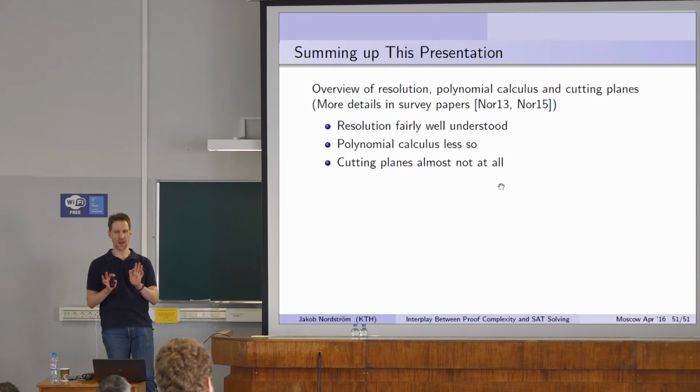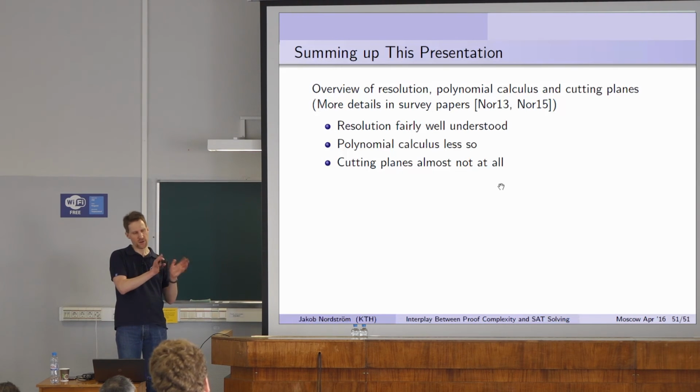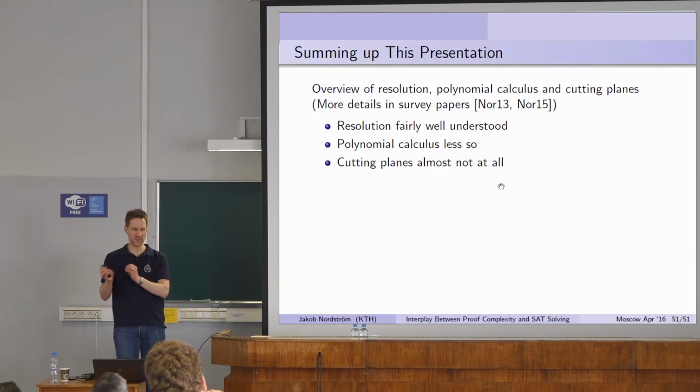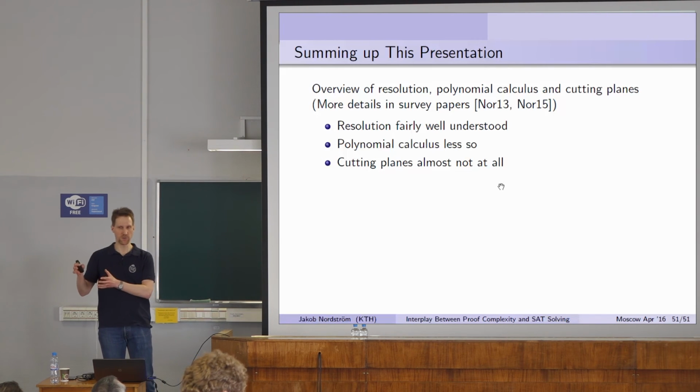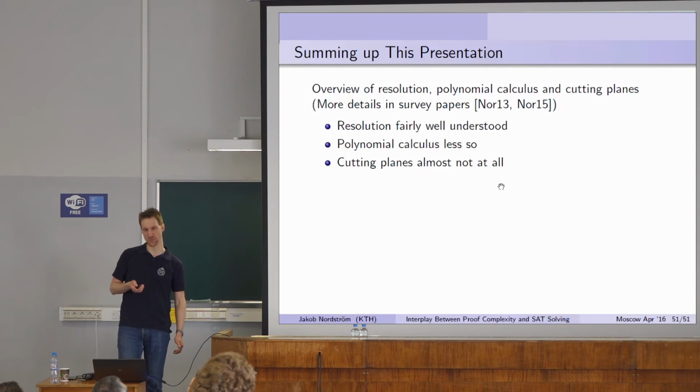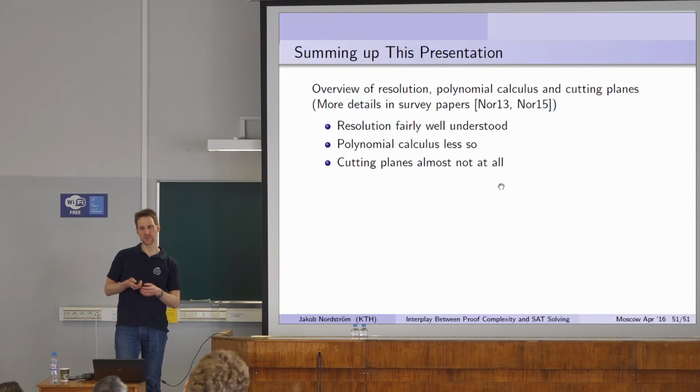Most of the picture that we have looks roughly like resolution, but with some twists. There are a number of things that we know for resolution that we suspect for polynomial calculus, but are not able to prove. Cutting planes is pretty much a big mystery. Some lower bounds, but most of the questions we care about are wide open.